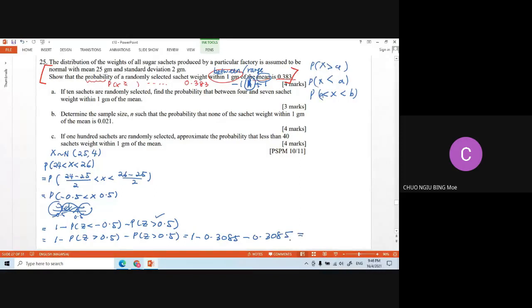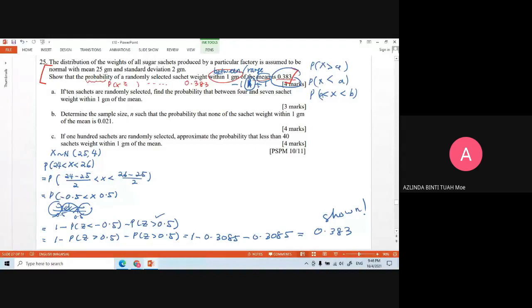So the answer is 0.383 lah, sebab kena dapat exactly yang macam soalan minta.